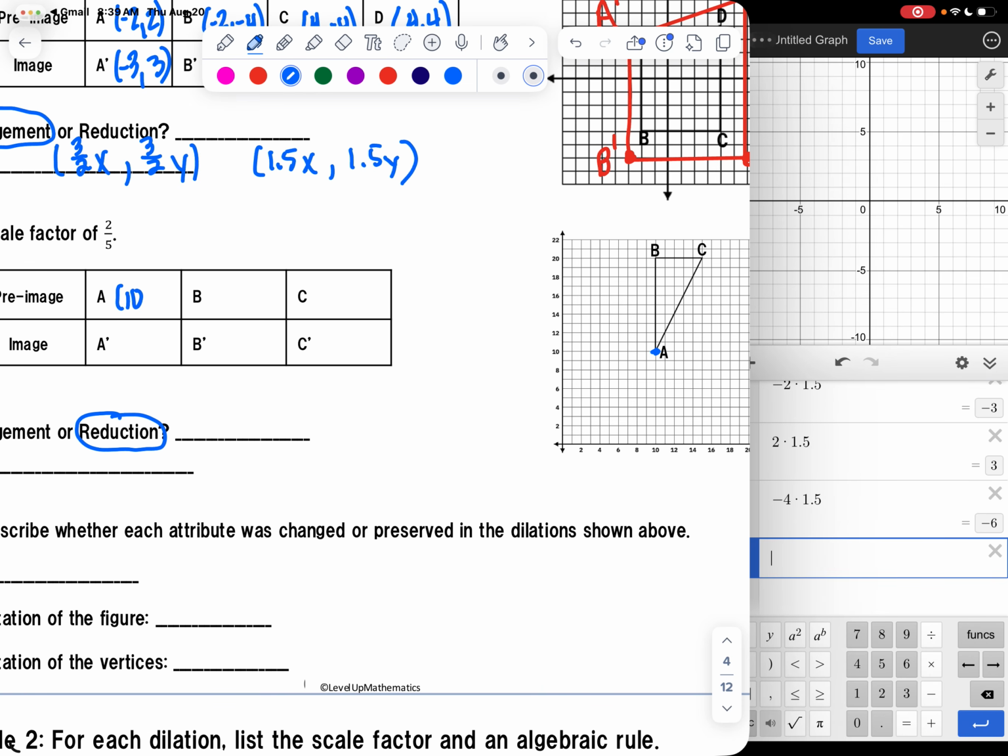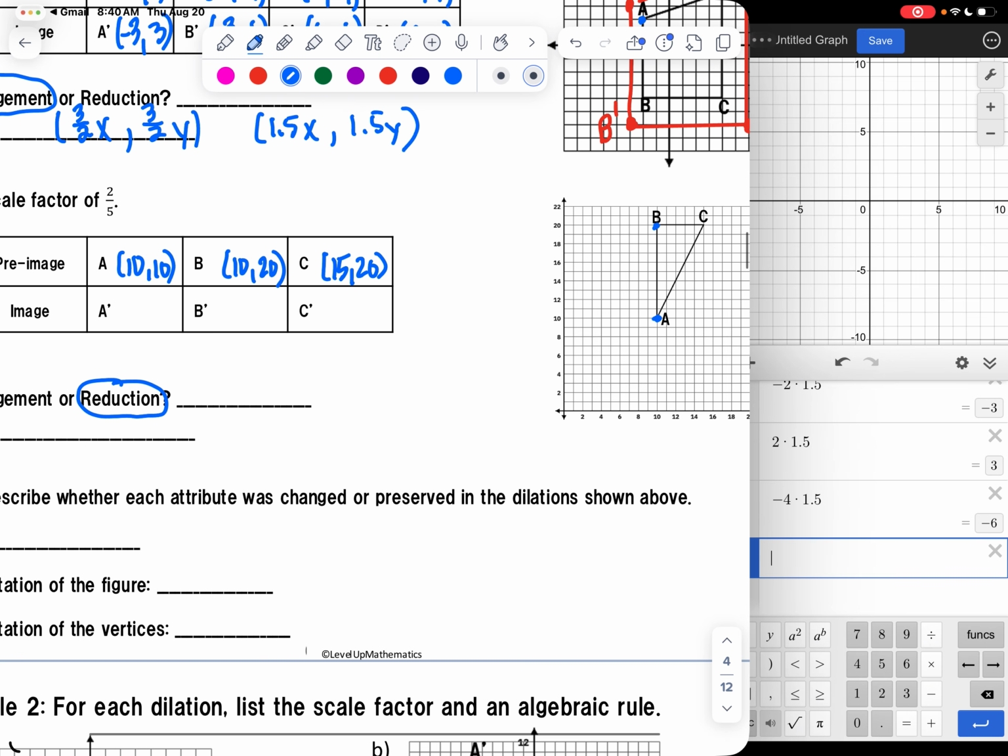So 10, comma 10. B, we're going right 10 up 20. So 10, comma 20. And C, we're going right 15 and up 20.